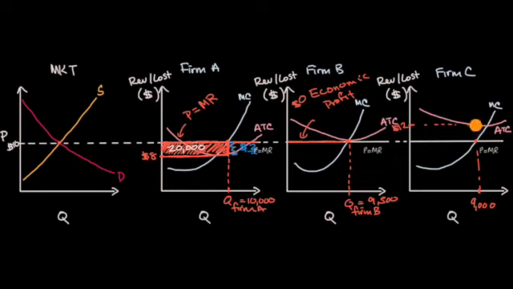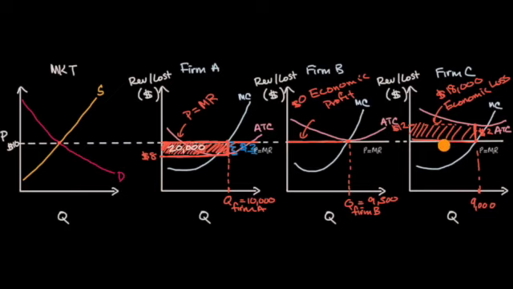So this height right over here is $2, times 9,000 units, you're going to have $18,000, not economic profit, but economic loss.